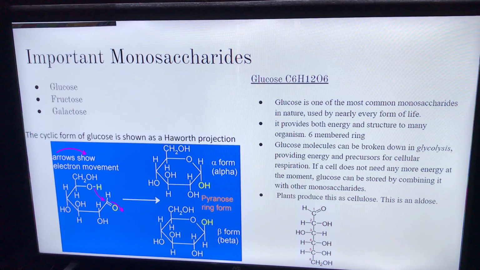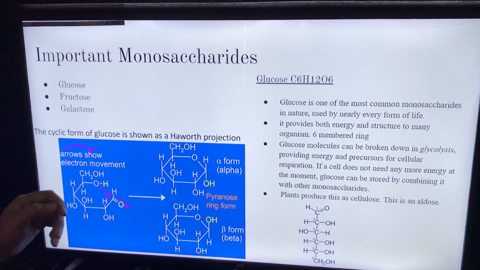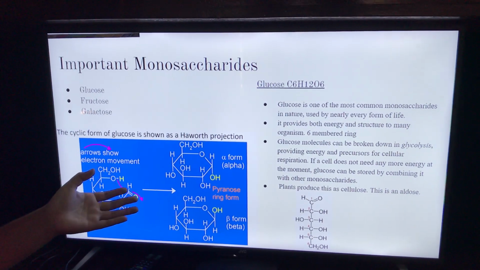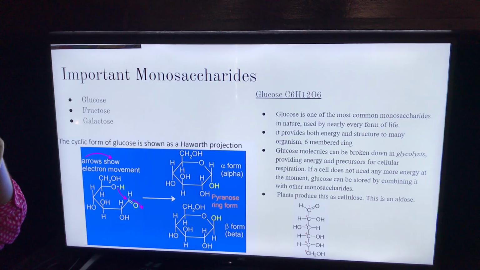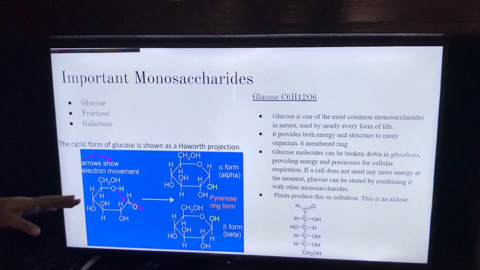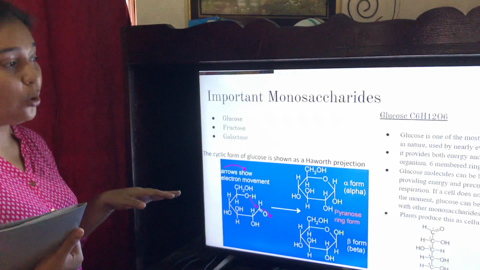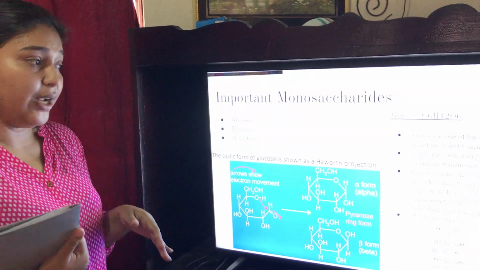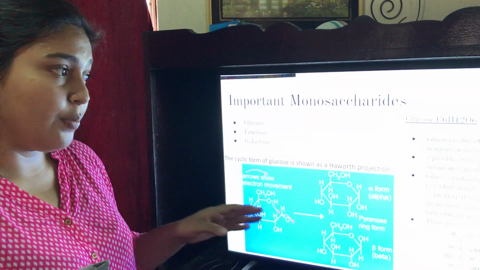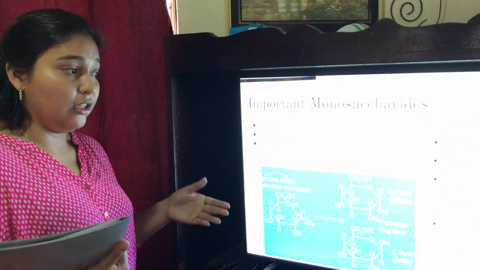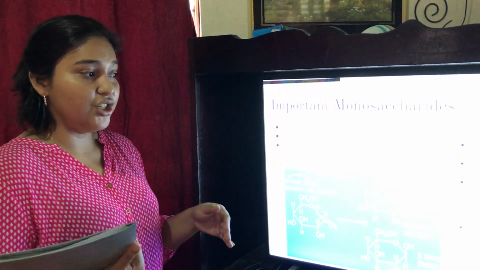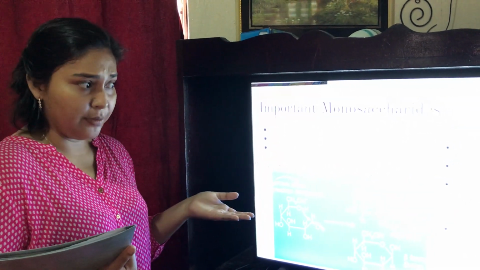Therefore they are isomers. So glucose is one of the most common monosaccharides in nature, used by nearly every form of life. It provides both energy and structure to many organisms, and it is a 6-membered ring. Glucose molecules can be broken down via glycolysis, which will then provide energy and precursor for cellular respiration.